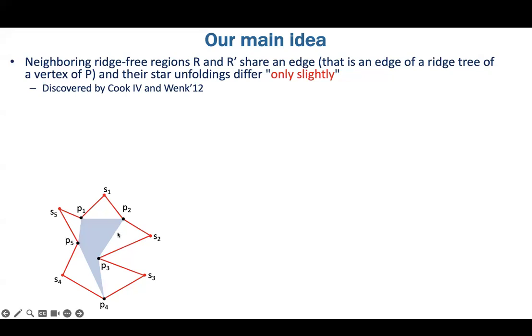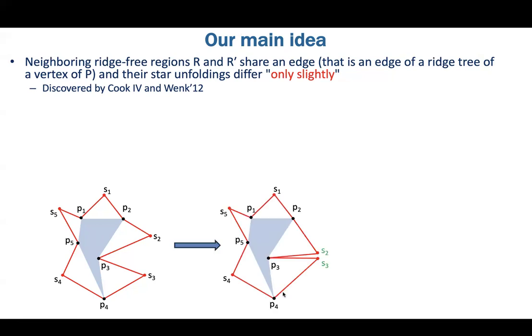For example, here, if this is a star unfolding, when I move S within R, those two points S2 and S3 will be close, and these two will be merged into one source image.